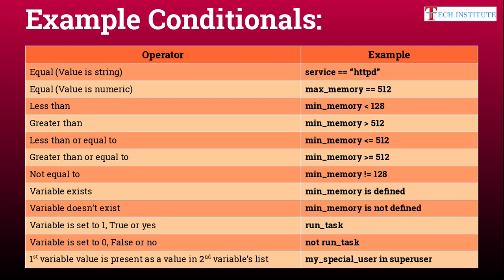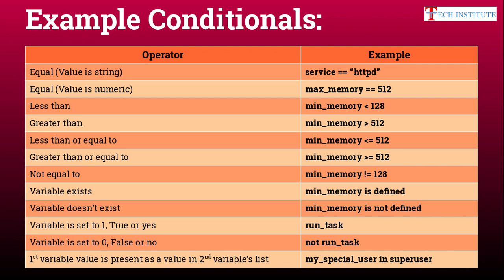Similarly if you want to run the task when the value is 1, 2 or yes, then you just put the variable name. And if you want to run the task if the variable is set to 0, false or no, then you put not variable name. So it will then run if it is 0 or false or no. And there is one more option here: you can check if your variable value is present in a second variable list, like in this example you can see my underscore special underscore user, that is a variable.